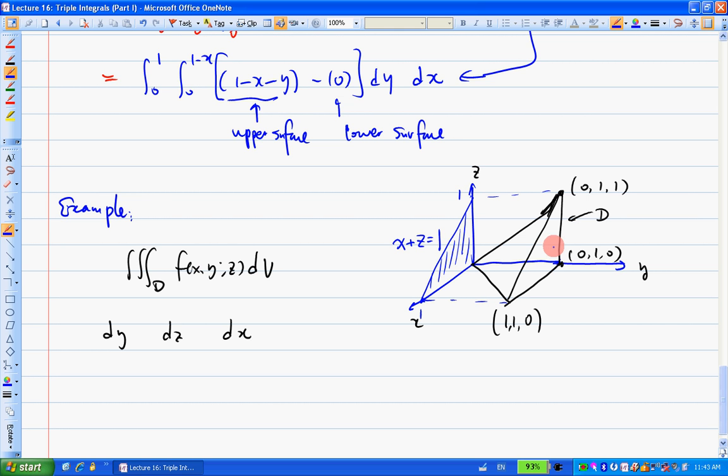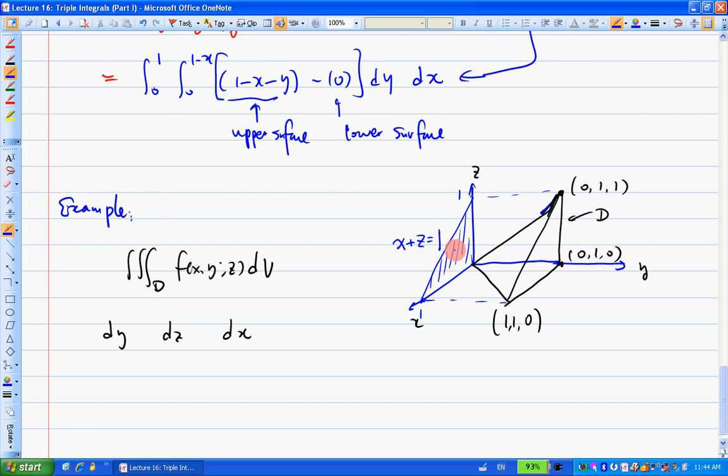Now, I think I need a couple more pieces of information here. Before we figure that out, let's draw the triangle, the shadow. The next step is, if I do the y first, that means I'm going to pick a point inside the shadow and draw a line across the region D. In which direction?